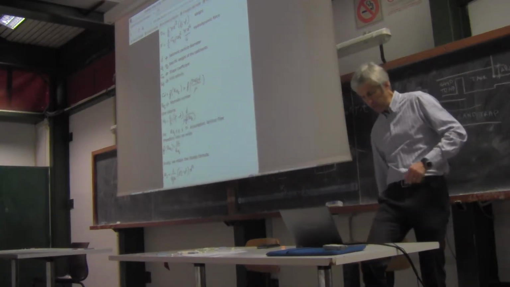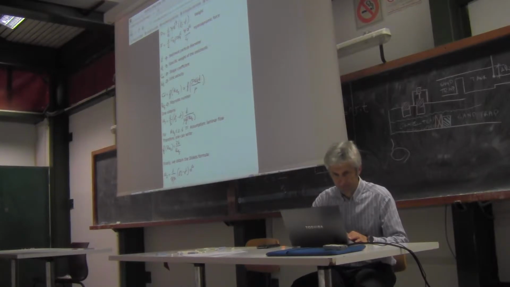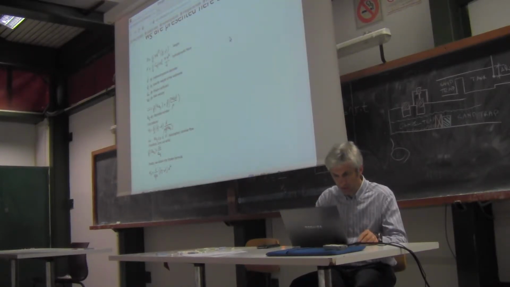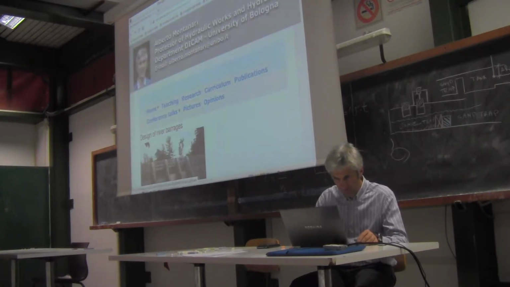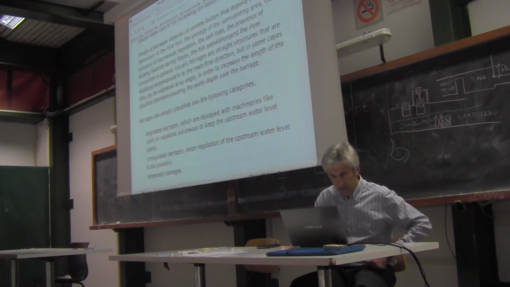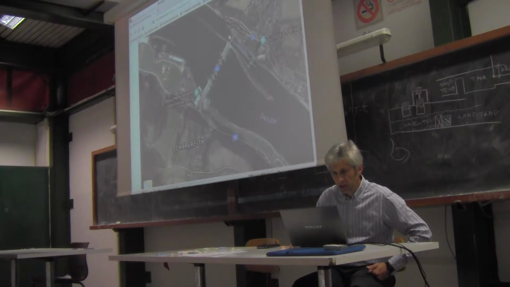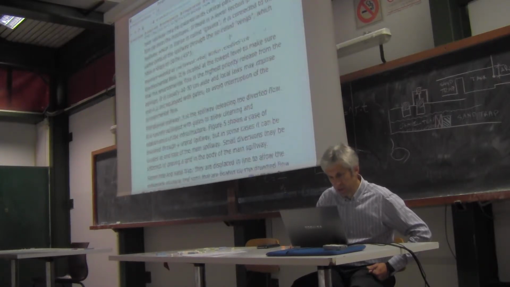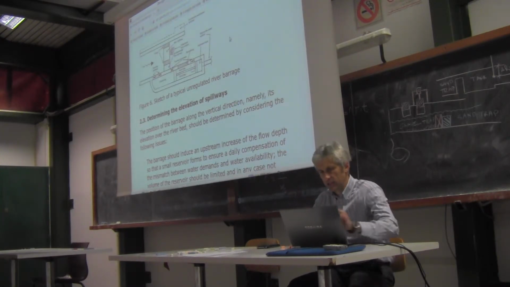Okay, now if we look at the web page, and let me decrease the font size, there is some more information delivered here. Basically, after the description of the barrage, the estimation of the design flow, and sorry if I scroll down very quickly because we discussed yesterday already.